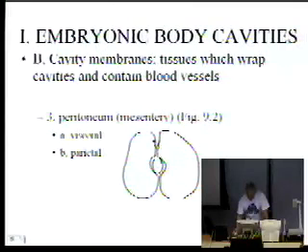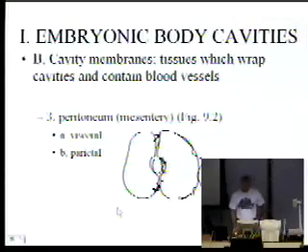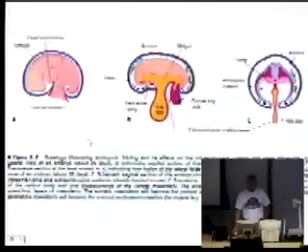So these are going to be the mesentery of the peritoneum, a dorsal and a ventral mesentery, and then this is going to be the visceral layer, the parietal layer on the body wall, and then the visceral layer is this layer on the organ. So that's our terminology, consistent with what we've been discussing all along the way.